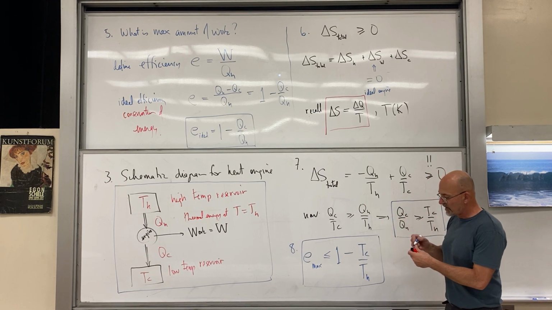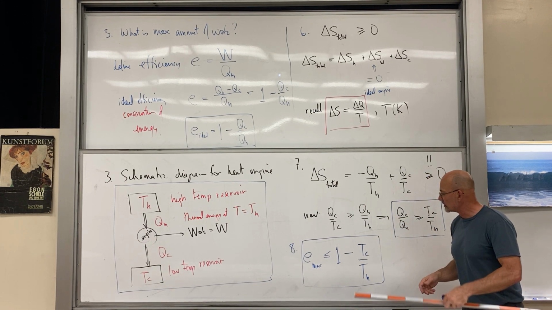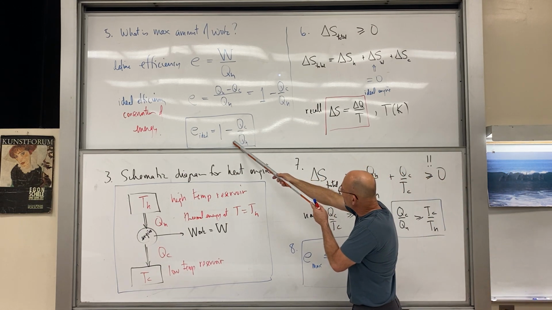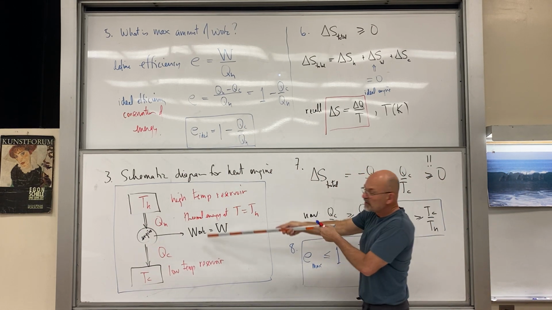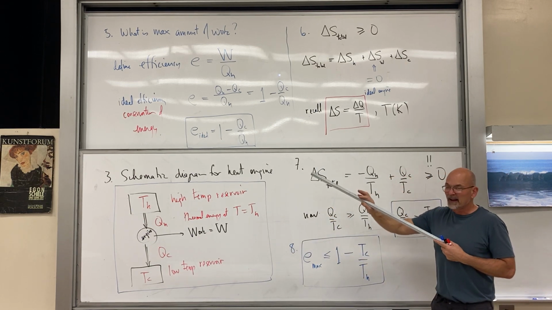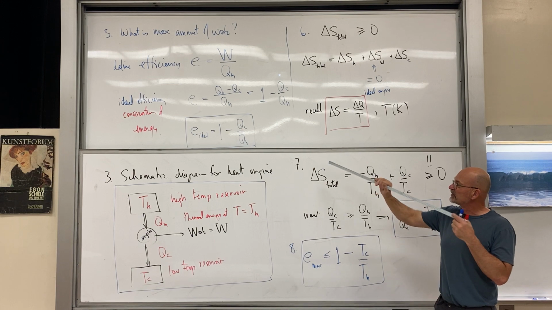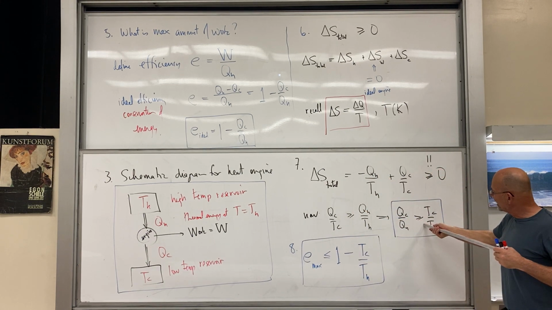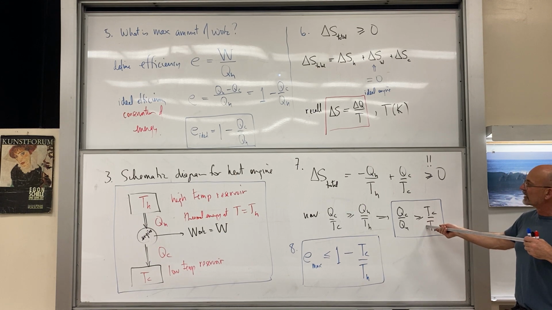But I'm going to write that down in a moment. Let's just notice what we have here. This was the ideal efficiency just based on the energy balances. Now, based on nothing more than the fact that the energy flows from hot to cold, we have this inequality here. Okay.